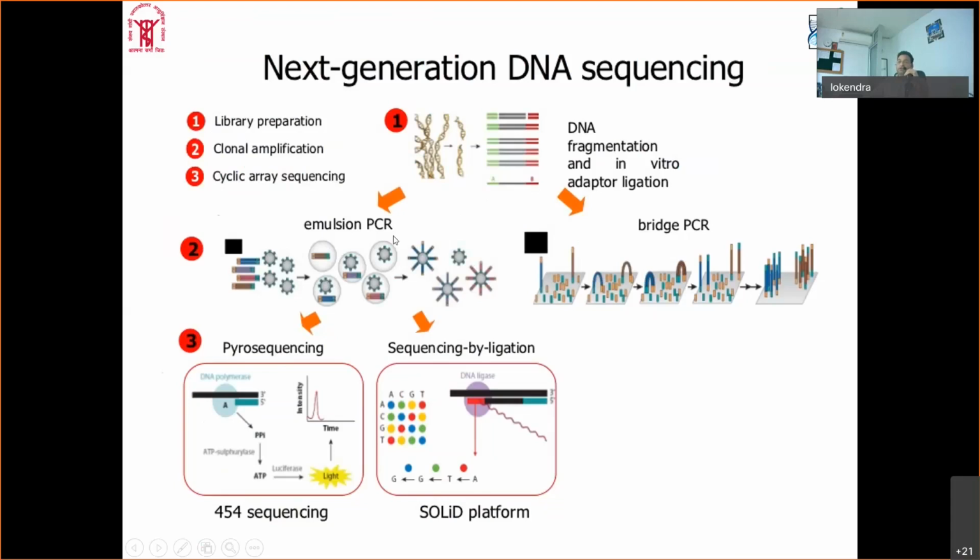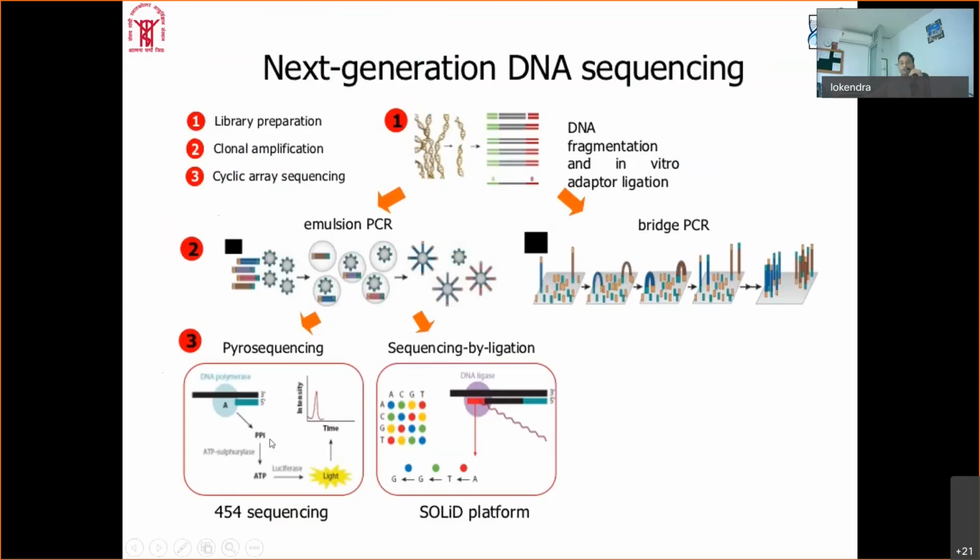During the emulsion PCR, the method of detection is that when DNA polymerase adds any nucleotide, there is a release of pyrophosphate. When the phosphodiester bond is formed between the 5 prime phosphate group and the 3 prime hydroxyl, there is a release of pyrophosphate.